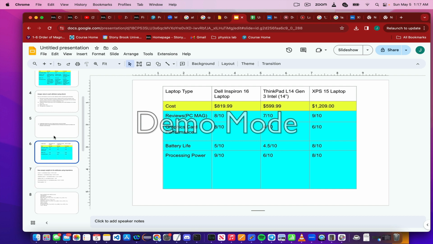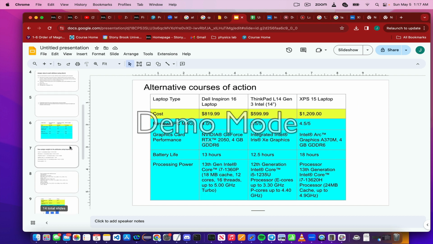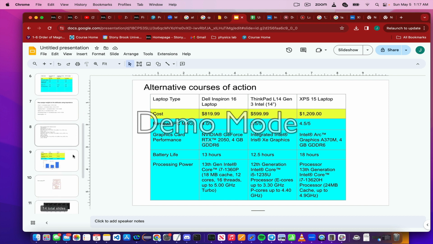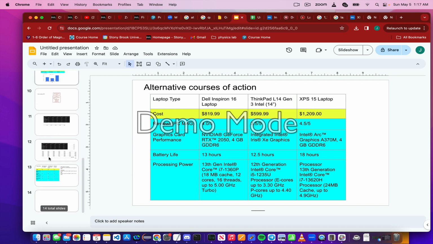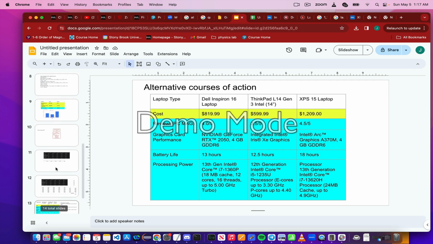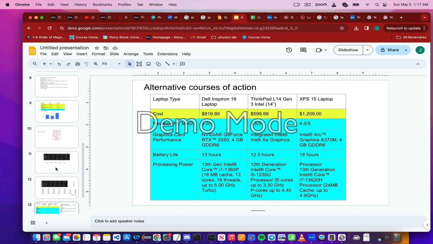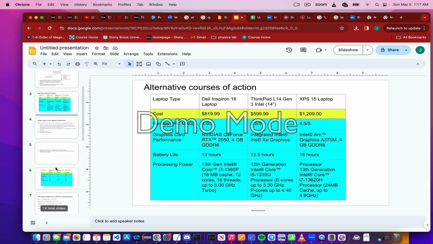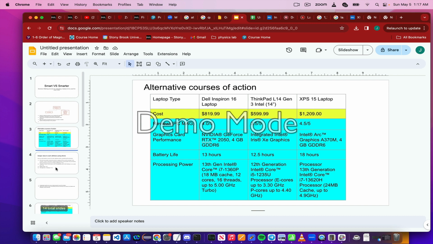Especially considering what I was considering to be the most important. I really did feel that the processing power was majorly important, as that's basically what's going to make sure that you can run the program or not. So that was the most important criterion, and that really showed in this one, and that was what I wanted.